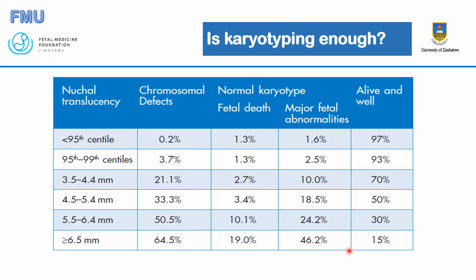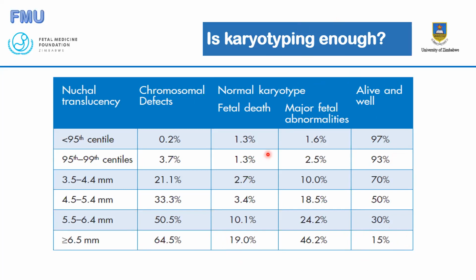However, if you look at the alive and well rate, you can see a clear discrepancy, that 20-something percent of the babies who are reported as normal don't go on to be alive and well. Then this therefore means that surely there is something which this conventional karyotype is missing.